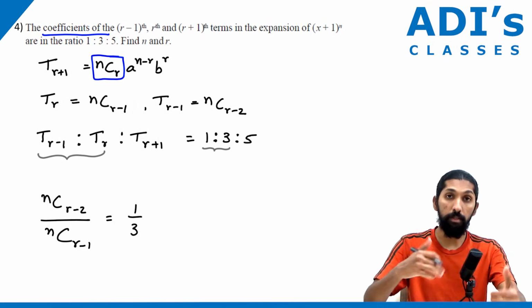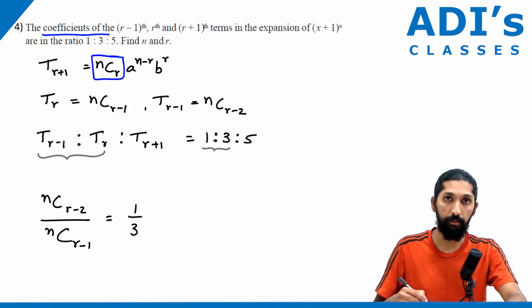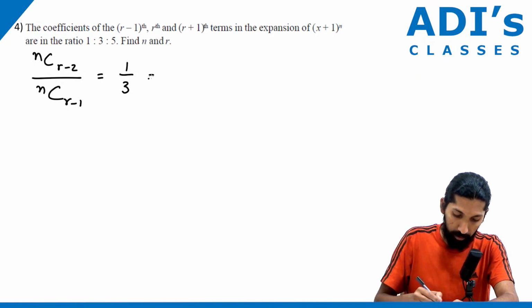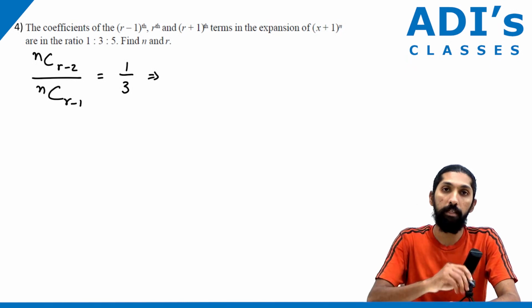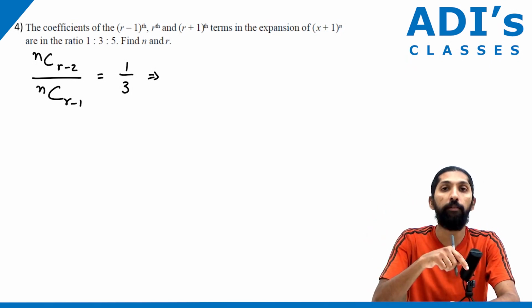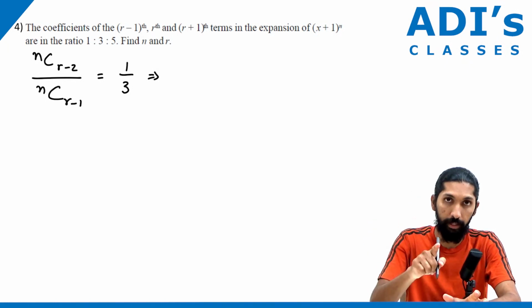Now, we'll solve this one. We need to simplify this and solve it, all right? First thing we do, we expand it. What is the nCr expansion? nCr is n factorial by (n minus r) factorial into r factorial, correct?